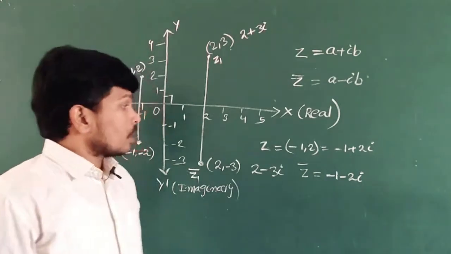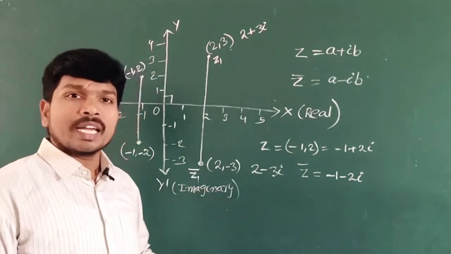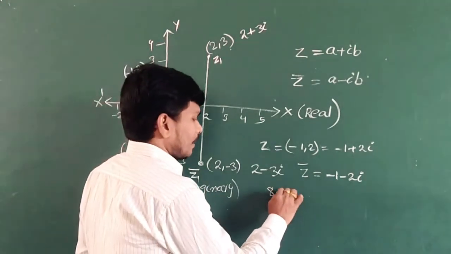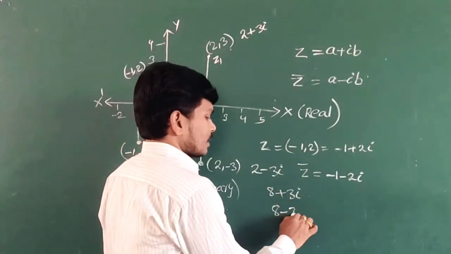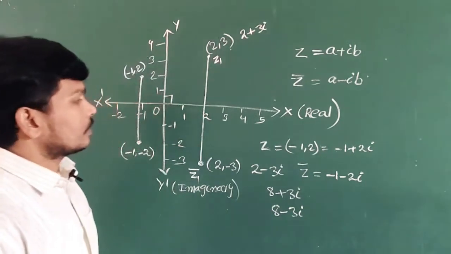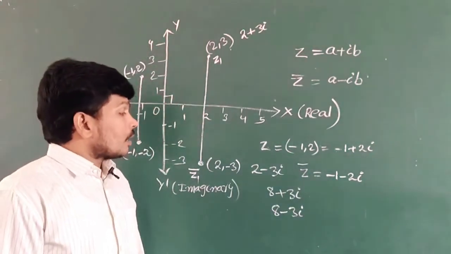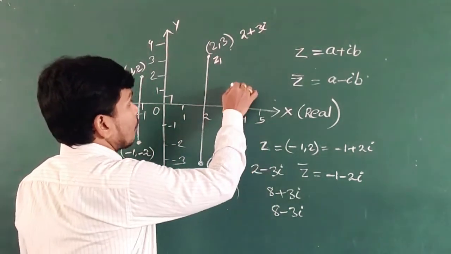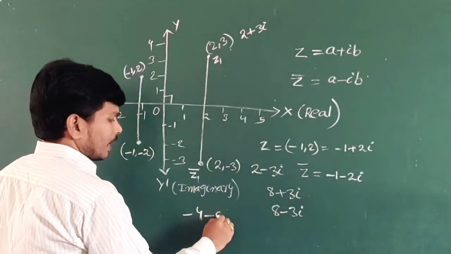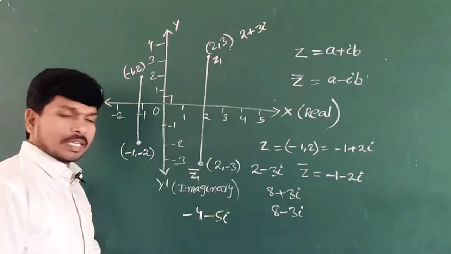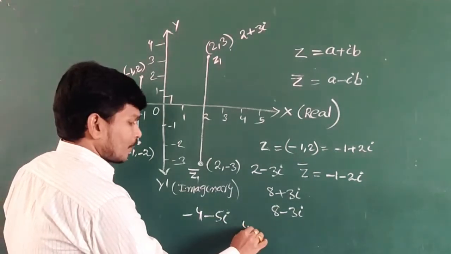Okay. So what is the conjugate of 8 plus 3i? Yes, very good, 8 minus 3i. Good. What is the conjugate of minus 4 minus 5i? Is the conjugate plus 4 plus 5i?